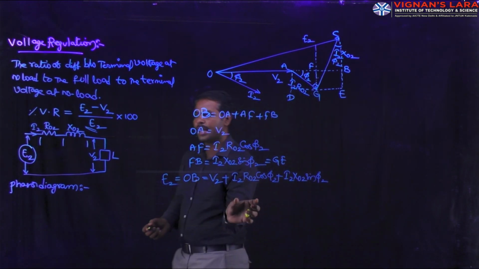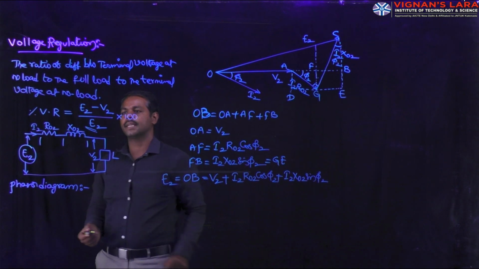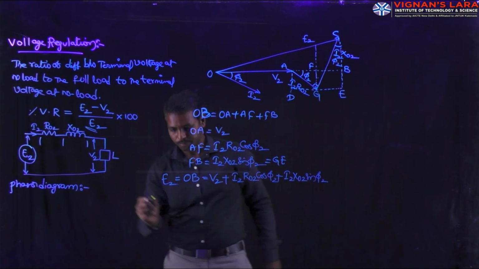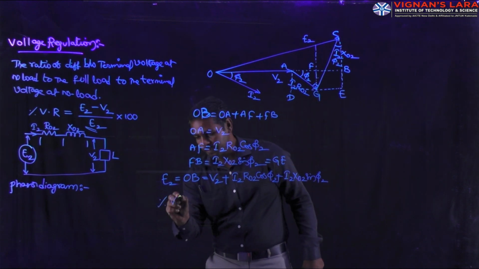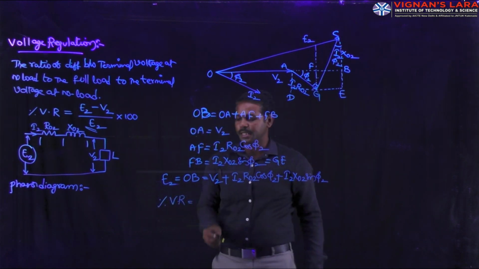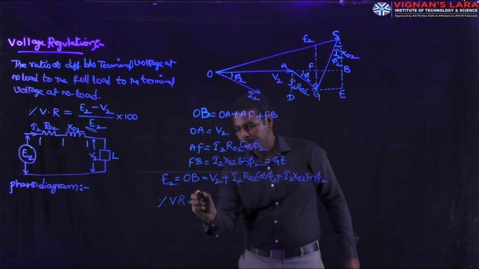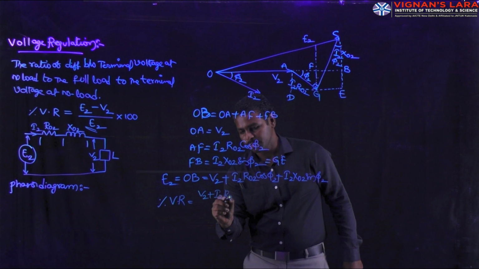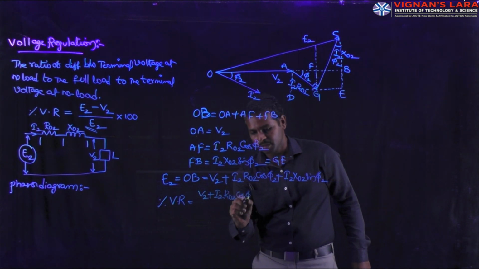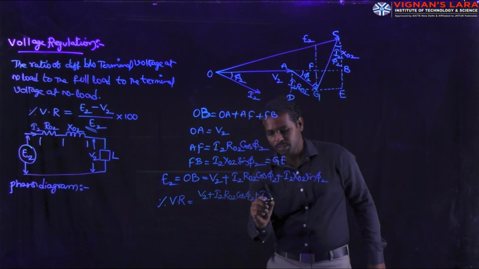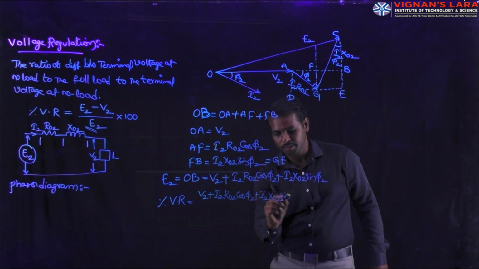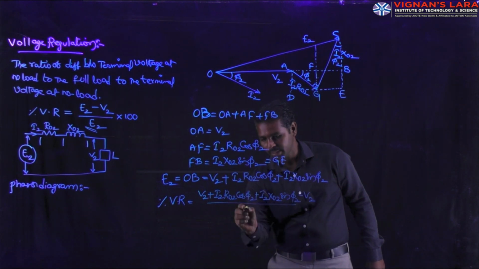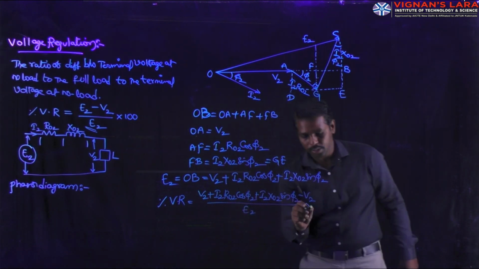This is to be directly substituted in place of the percentage of voltage regulation. Percentage of VR is equal to V2 plus I2 R02 cos phi 2 plus I2 X02 sin phi 2 minus V2, divided by E2, into 100.